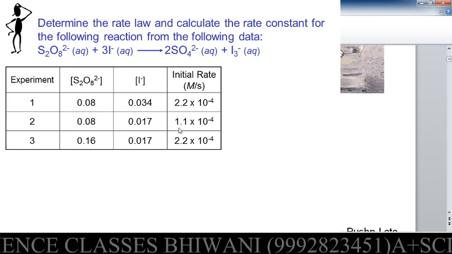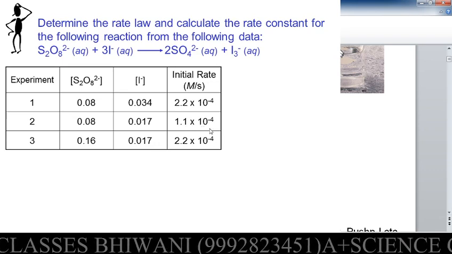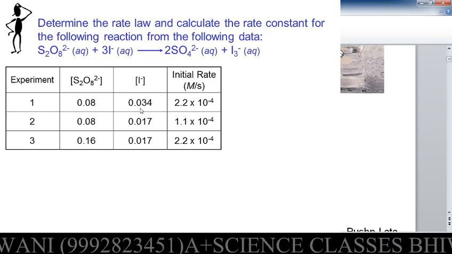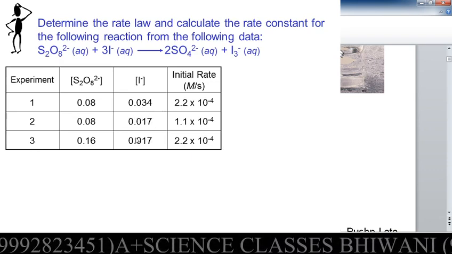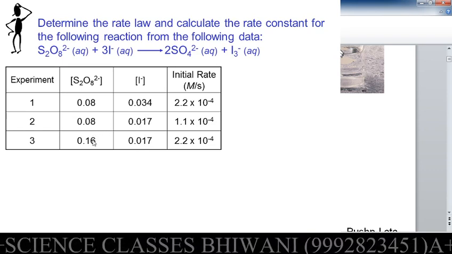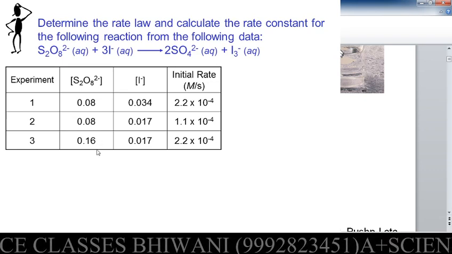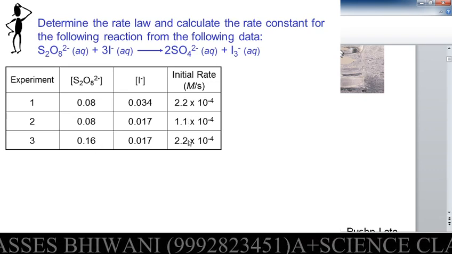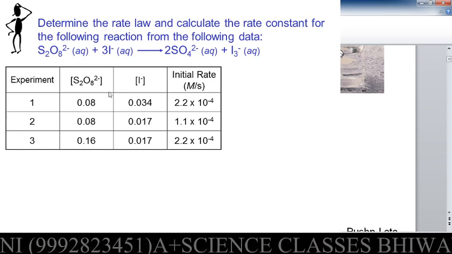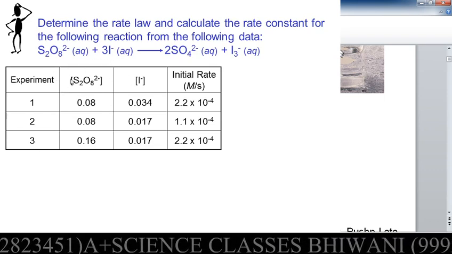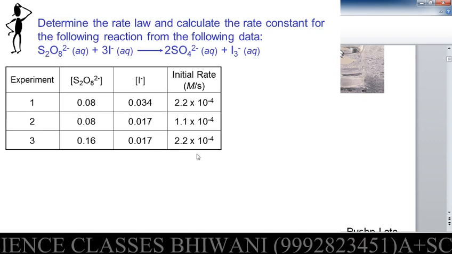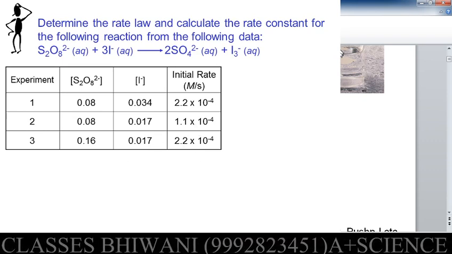Now what happens to the rate? 1.1 times 10 to the power minus 4, and 2.2 times 10 to the power minus 4. It means that whenever we take the iodide concentration as constant, the concentration of H2O8 increases by 2 times, and the rate of reaction also increases by 2 times. You may say that the rate is directly proportional to the concentration of H2O8. 2 times increase, 2 times rate increase. If it increases 3 times, the rate increases 3 times. Is it clear? So directly proportional.